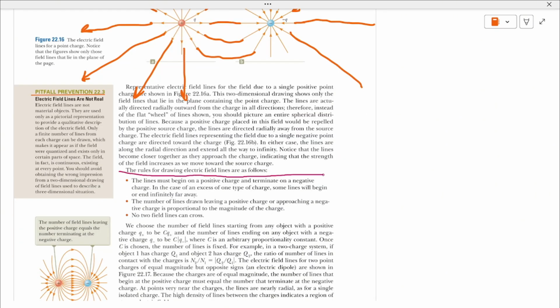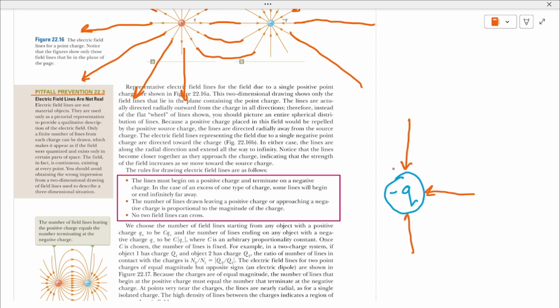And the number of lines drawn is proportional to the magnitude of the charge. What does that mean? Say, for example, you have a charge of minus Q. So you have a negatively charged sphere here. And say you draw 4 field lines.